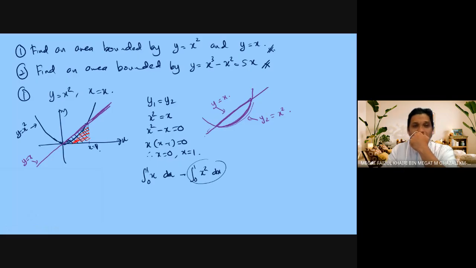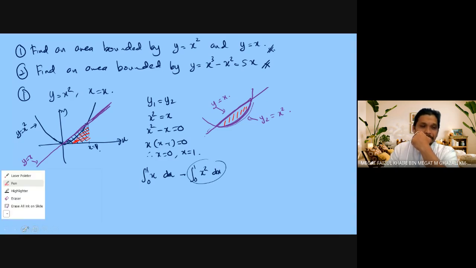Okay, if the whole area of the triangle minus the small area, the half part of the area between the curve and the x-axis, you will get the area that we're looking for in between here.